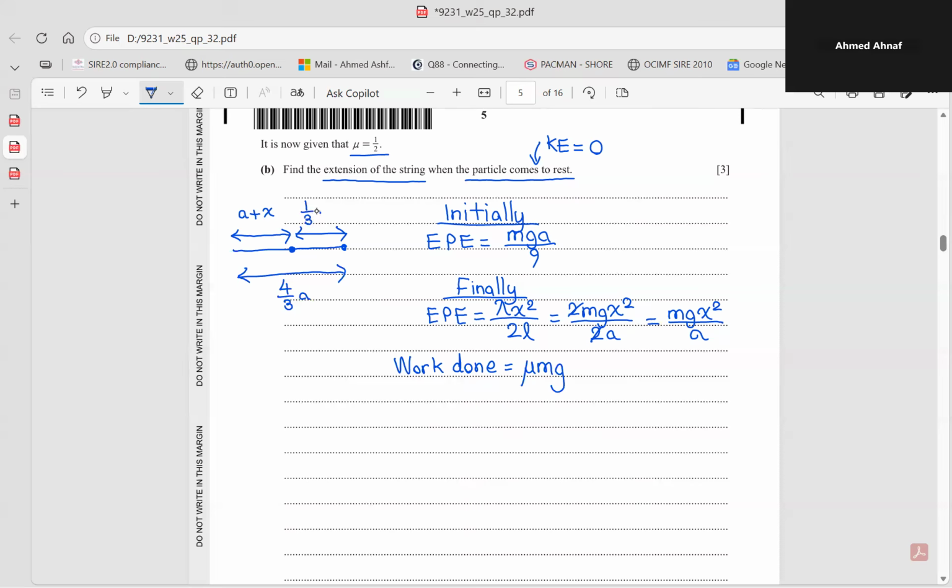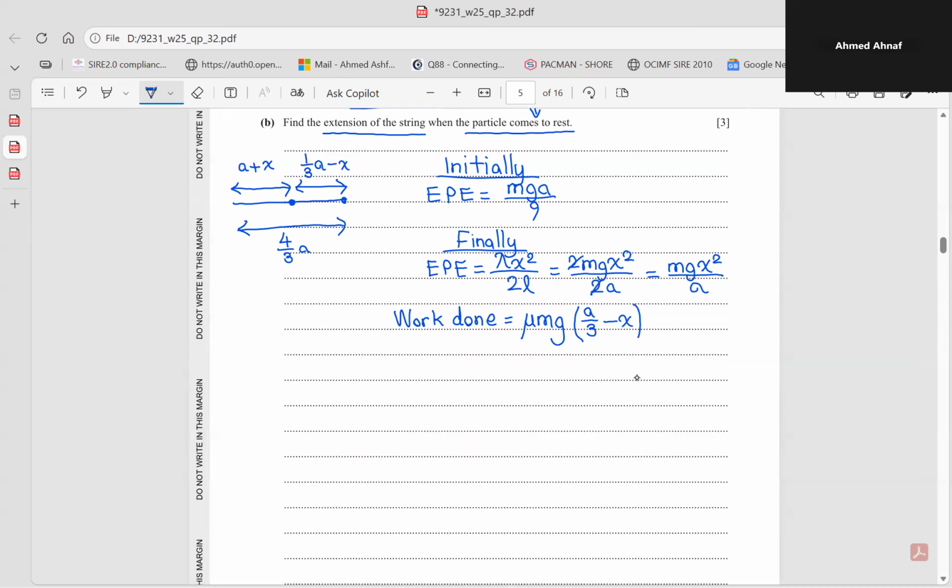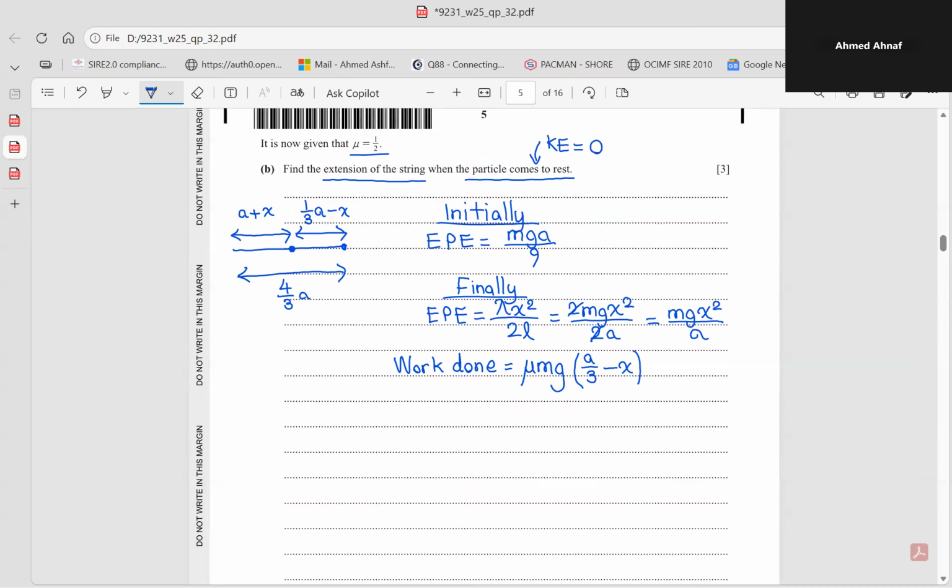So that is 1 over 3a minus x. Yeah, it's 1 over 3a minus x. So that's the distance that it moved, okay? So it's just going to be a over 3 minus x. Oh yeah, we're already given what mu is.